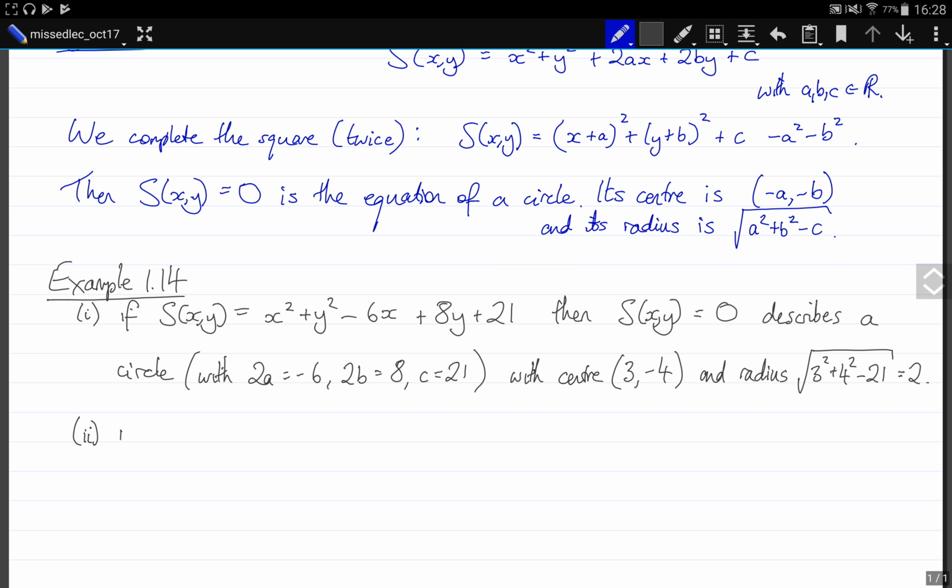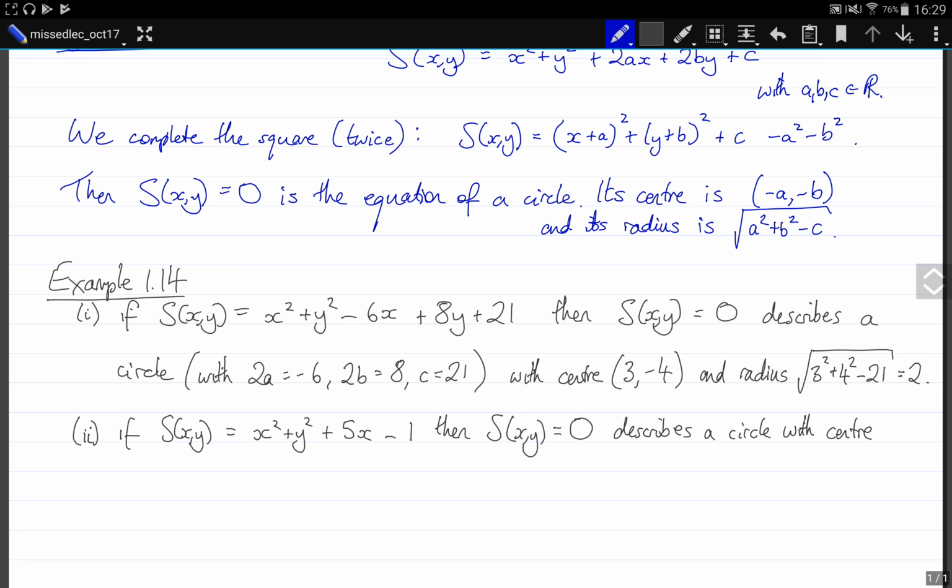Another example. X squared plus y squared plus 5x minus 1. So what happens if I write the equation s equals 0? Well, this is again a circle, but just with b equals 0.